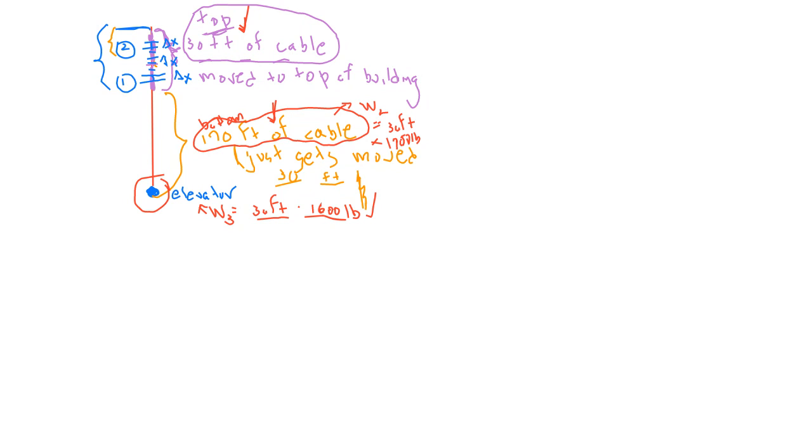So the work for piece 1 of the top 30 feet of cable differs from the work for the second piece of cable. And so the work is a function of the distance of that piece of cable from the top of the building. And this is now where you need the calculus to help you.